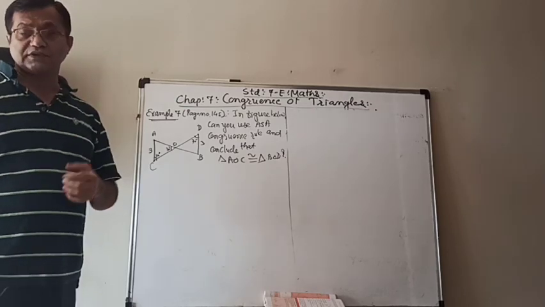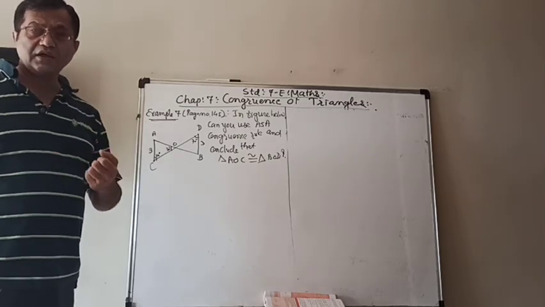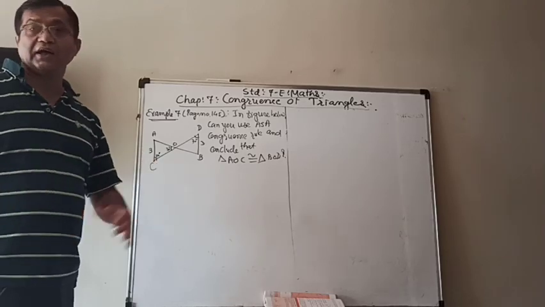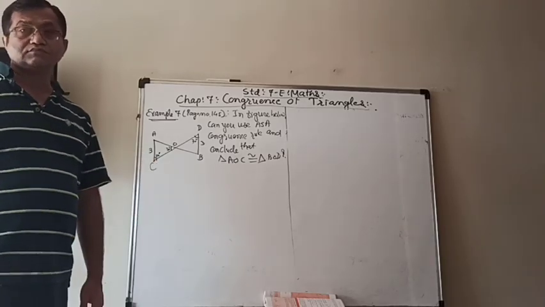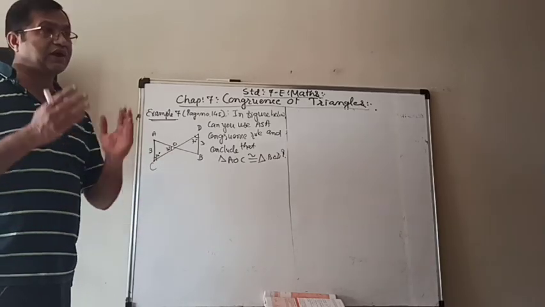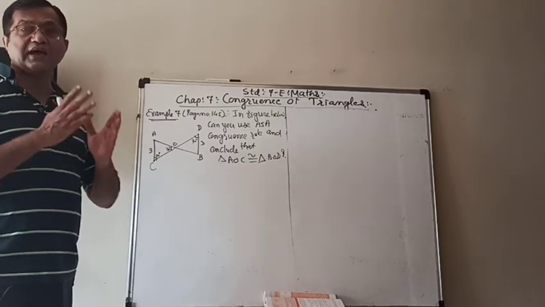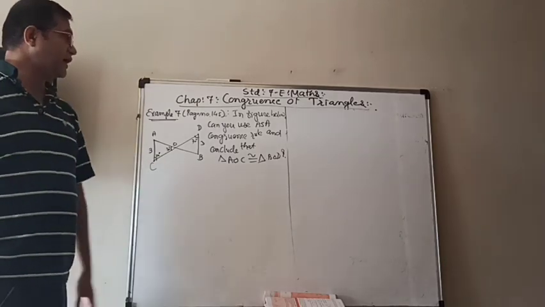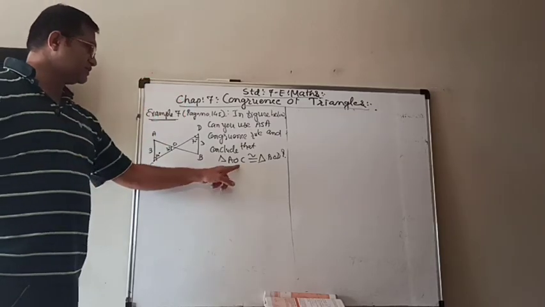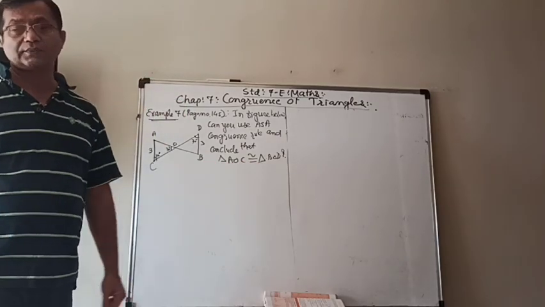But if you think, then you can use it another way and convert it such that we can use the ASA rule and prove that these triangles are congruent.